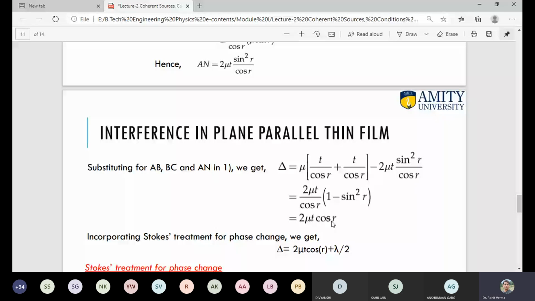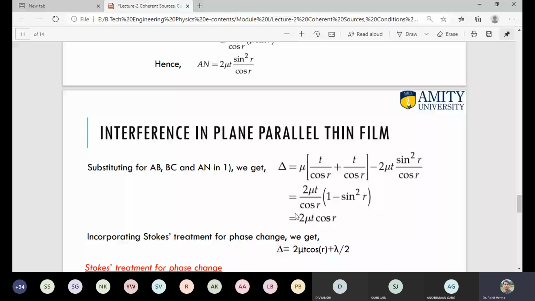Okay, then there is a Stokes treatment, and the treatment is that whenever a ray is reflected from the surface of a denser medium, then it suffers an additional phase difference of lambda by 2.